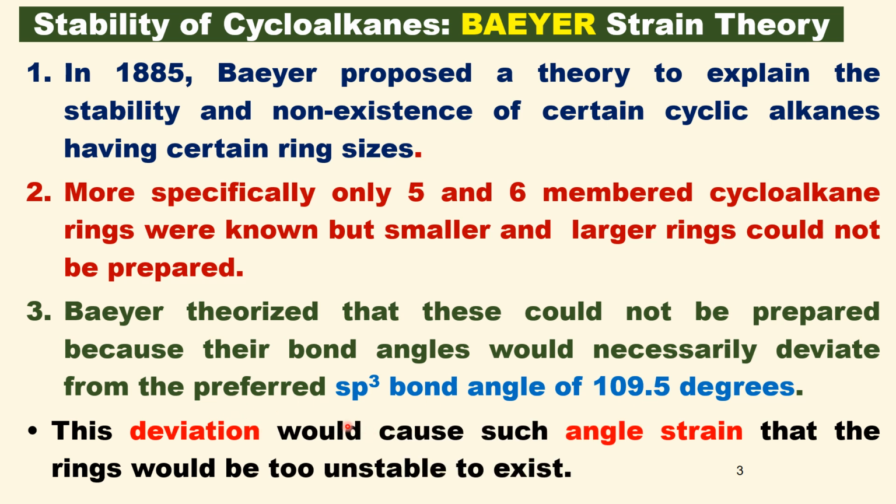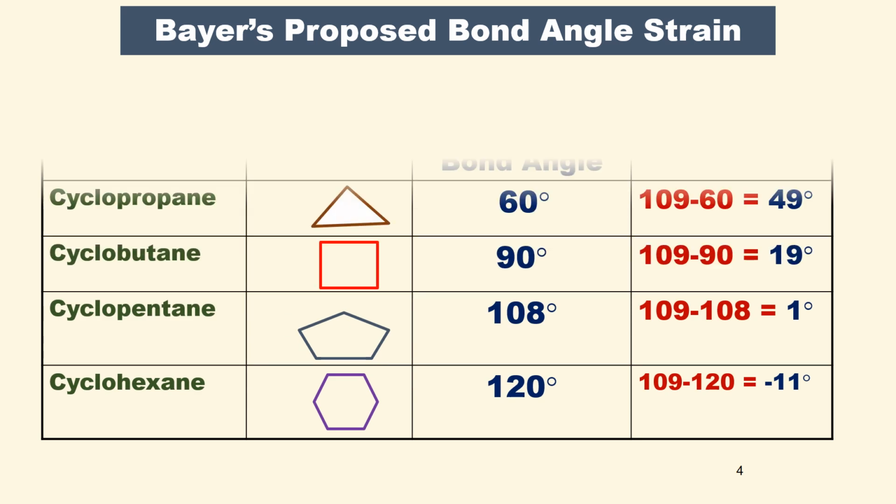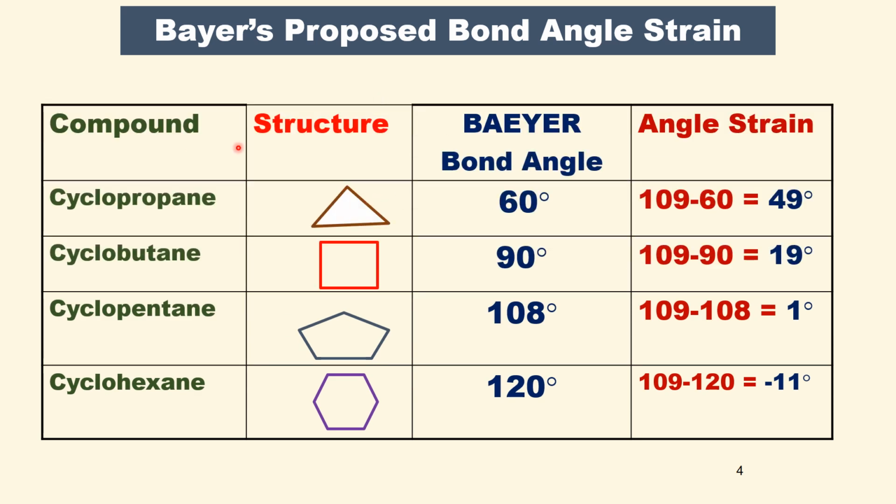This deviation from the sp3 bond angle would cause angle strain, called Baeyer angle strain, so that the rings would be too unstable, would not be stable enough to exist. He proposed the bond angle strain in various cycloalkanes.